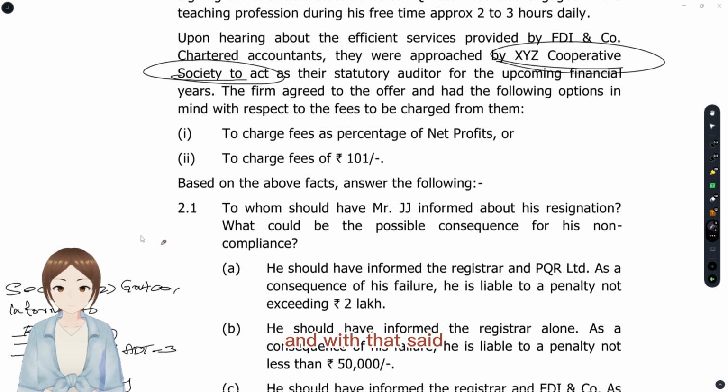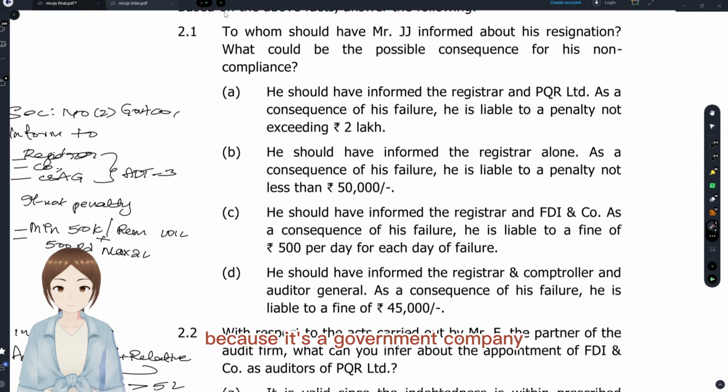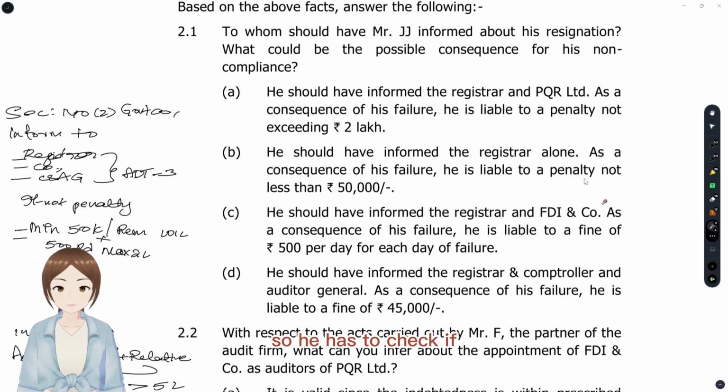And with that said, first we'll see the first question. To whom should Mr. JJ inform about the resignation? You see, the auditor of a government company has to say to whom? He has to say to the company, to the registrar and then the C&AG also, because it's a government company. So he has to check if he had not done so, with regards to non-compliance, what's the implication?